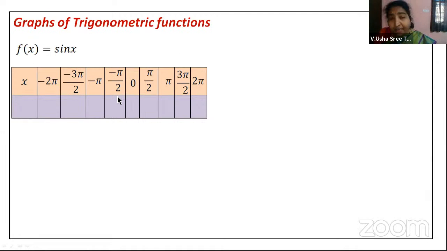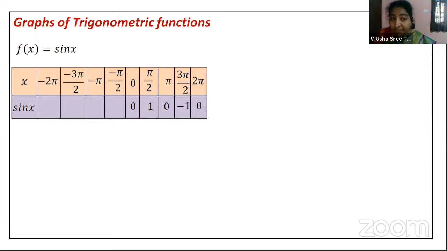Now already we have seen the standard values of these angles with sine. So we'll quickly fill the gaps for sine x. Sine 0 is 0, sine 90 is 1, sine 180 is 0, sine 270 is minus 1, and sine 360 is 0.